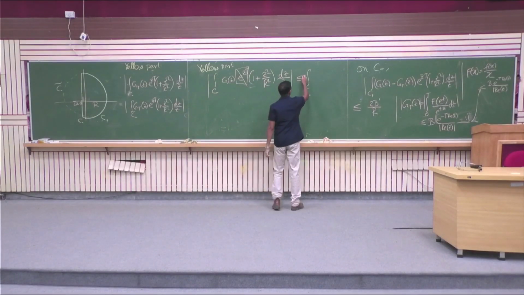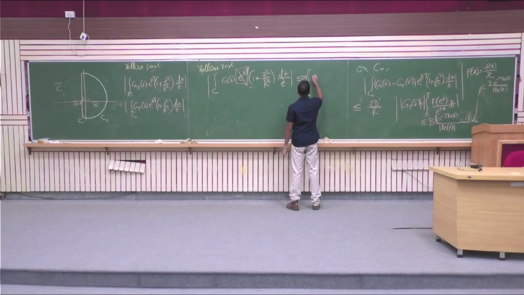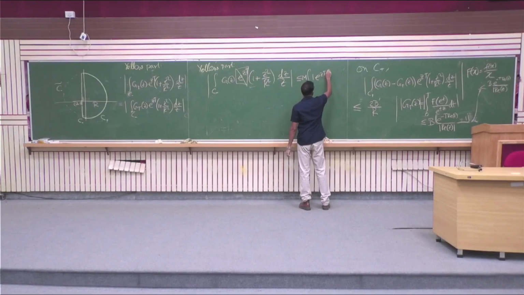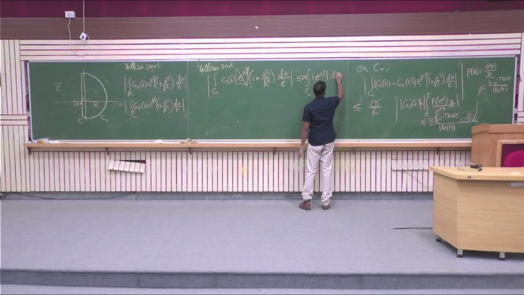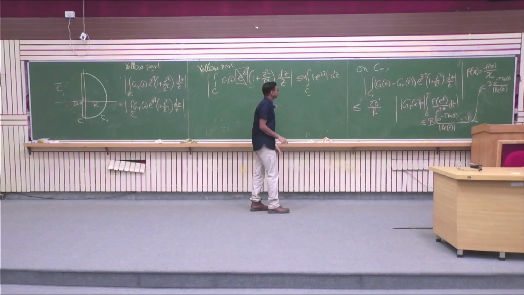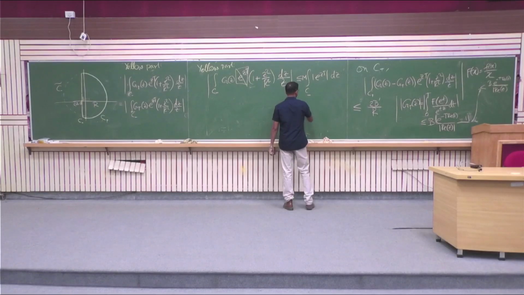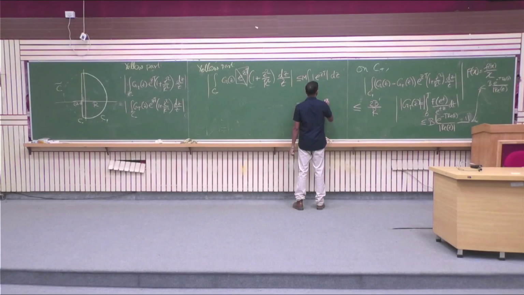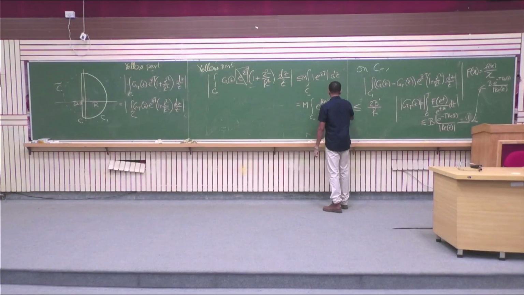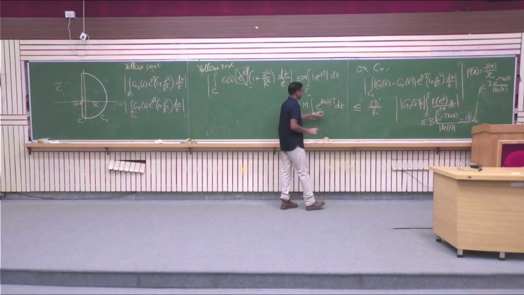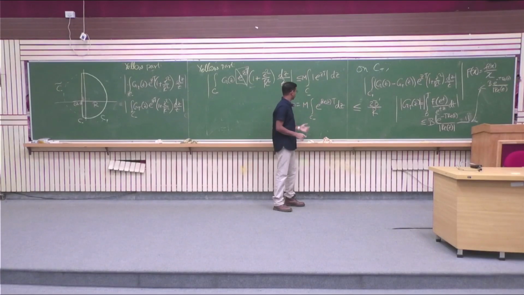So this is less than or equal to M times the integral over C minus of e^(Re(z) t) dz. But the real part of z here is negative, right?